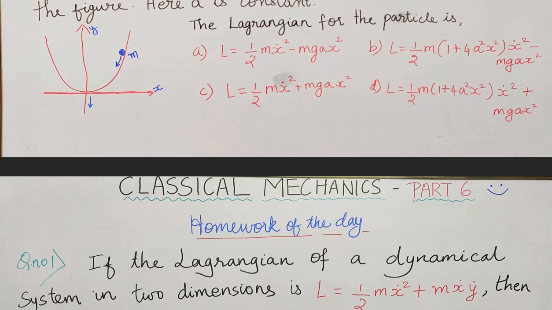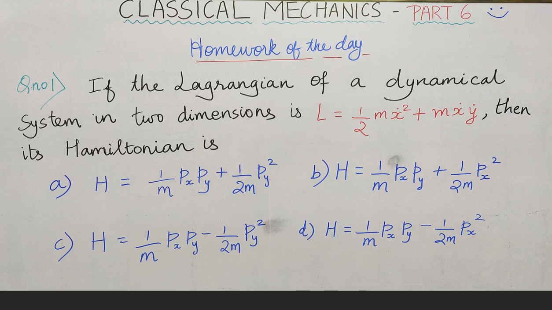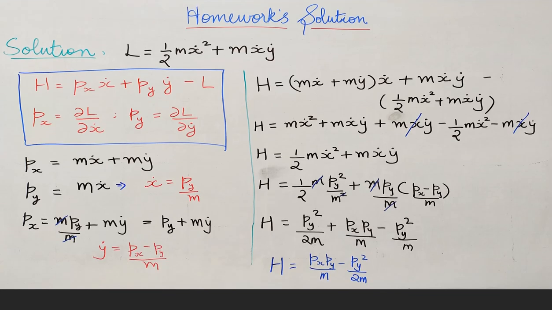So let us see the homework solution for my last video. My last problem was for the Lagrangian of a dynamical system in 2 dimensions. I had given the Lagrangian and you had to find the Hamiltonian. We know the conversion formula, so I'm going to use that.